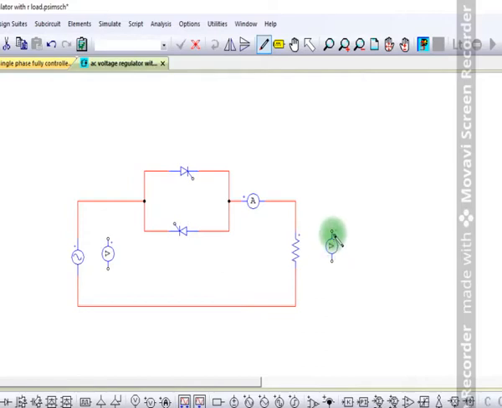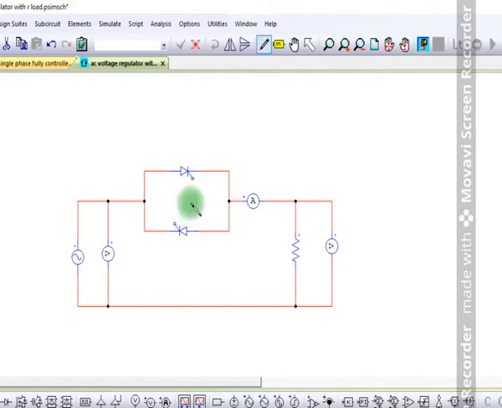And from here we have a voltage probe, and that also we connect like this. And the remaining is, so this is the input voltage source, so this also we will connect like this.